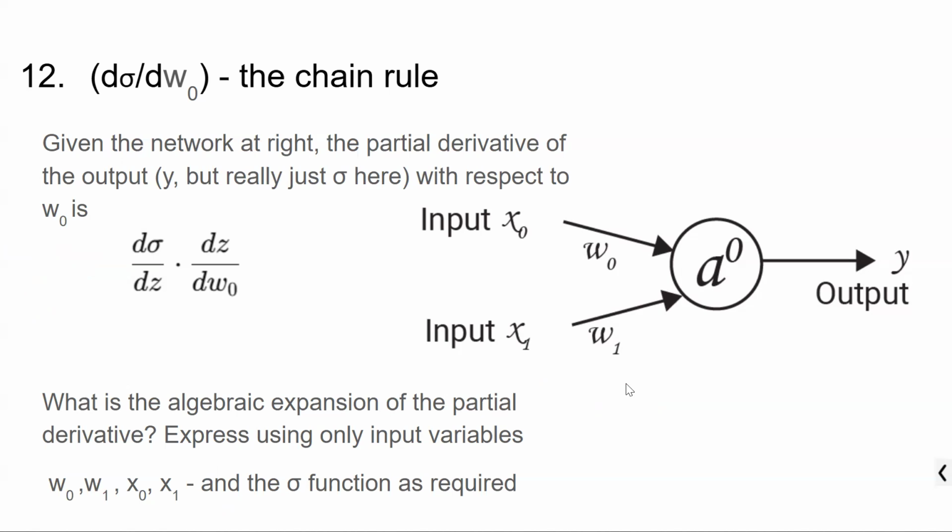Okay, excellent. The partial derivative of z with respect to w0 is going to be the input. Knowing that the partial derivative is the input, and knowing that we're tweaking the weights, we can't tweak the values, but we can tweak the weights.